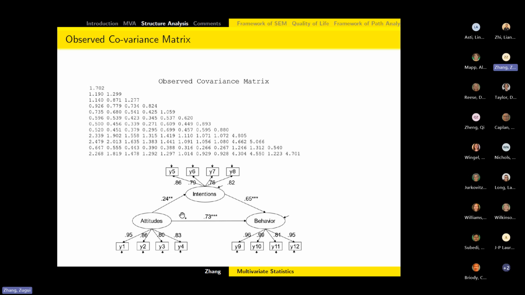That provides us the idea about how important these dependent variables are related to the latent variables.